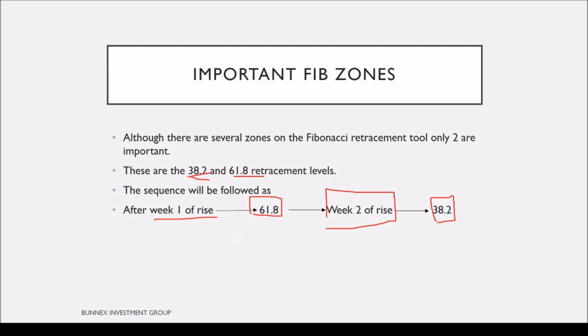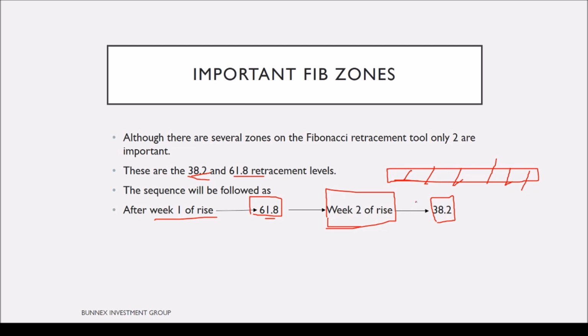Then at 61.8, that is where we put a zone to expect the market to come back, so that we can make use of that zone. Then after week 2 of rise, we mark point A, which in this case will be the 61.8 of the first week, then the highest point of this week that we attain by the methods we talked about in part 2.